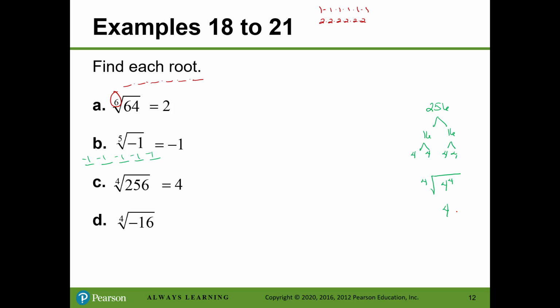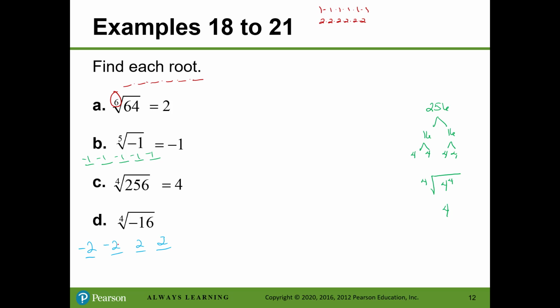4 of a kind. Now, what about this negative 16? 4 numbers multiplied together to give me a 16. Yes, we did work this out before, I think. 2s, right? Now, I need a negative 16, though. If all the 2s are positive, it's going to be, correct, positive.